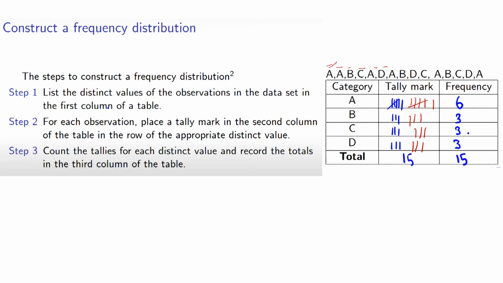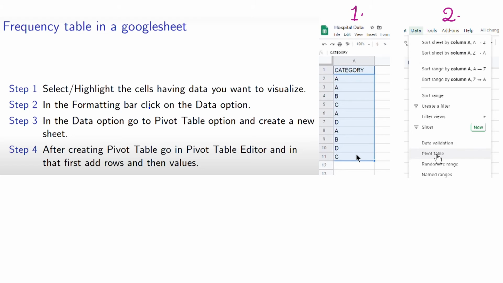Count the tallies for each distinct value and record the total in the third column of the table. And this total should match.